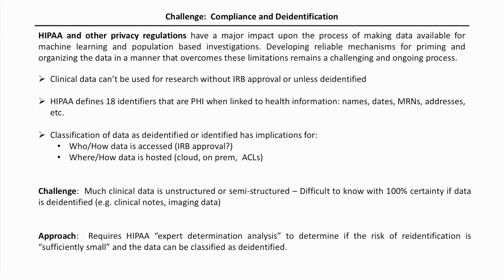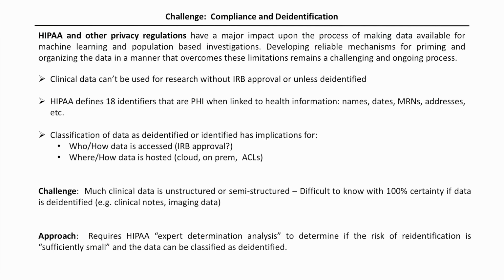Okay, so the challenge here is that HIPAA and other privacy regulations restrict how we make that data available to the research community. Clinical data can't be used for research without either an IRB approval or unless it's been de-identified. HIPAA does define what needs to be removed from the data.